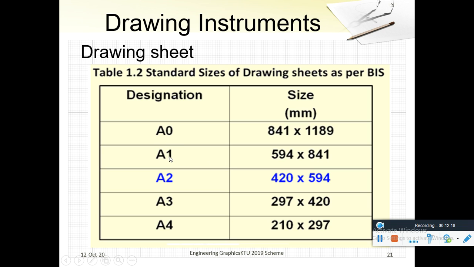And A0 is double of A1. Actually, this is 1 meter square size, A0. So usually in drawing classes, A2 size sheets of dimension 420 by 594 are used.